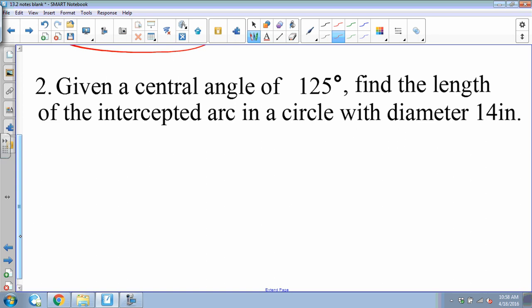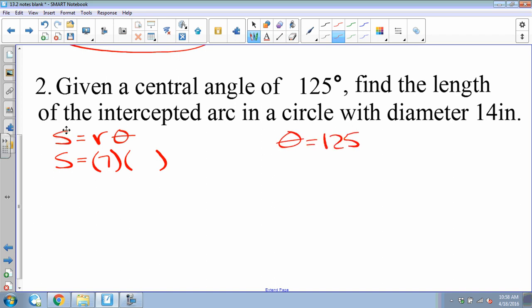Number 2, find the length of the arc. S equals R times theta. They give you the diameter is 14, so the radius is 7 times theta. You have to find it. Theta equals 125 times pi over 180. So theta equals 2.18 radians.